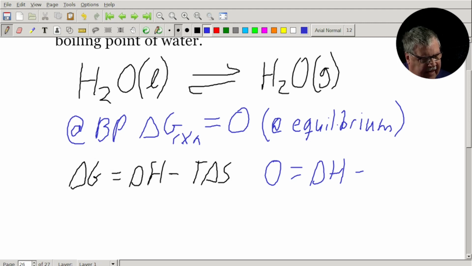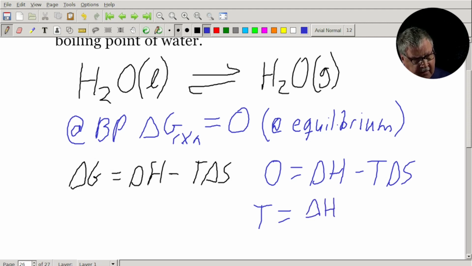So it's minus T delta S. And of course, if we rearrange this equation, then the temperature at which the spontaneity of a reaction will change is going to be delta H divided by delta S. Now, the other thing we have to keep in mind is that delta H and delta S must have the same sign. They either both must be positive or they both must be negative.